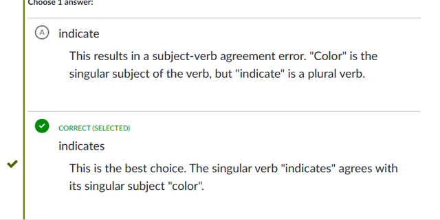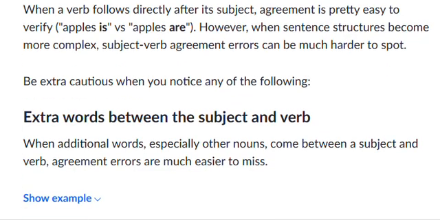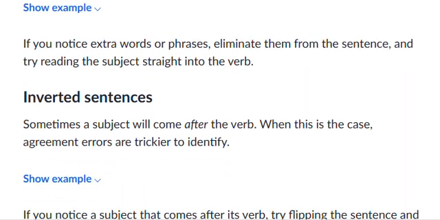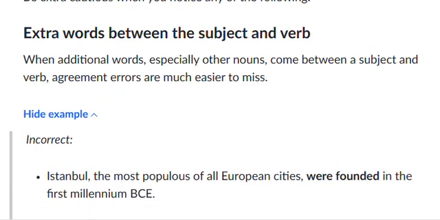Okay. And then what can make subject-verb agreement errors difficult to spot? The example that we took, like "apple is" and "apple are," is very easy. Even a fifth-class student can understand that, but the questions are very difficult when they come, so we need to be a bit more advanced and cautious. They might try to confuse you.